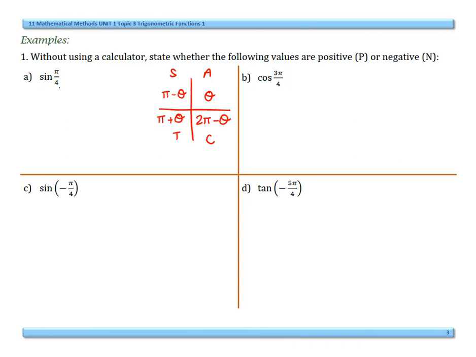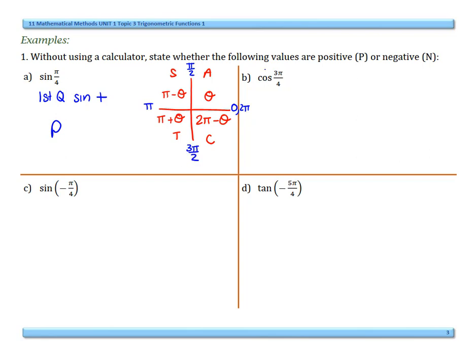So if you think of pi on 4, that is less than pi on 2. Okay, so we're in our first quadrant. We know that sine is positive in our first quadrant, so that's going to be positive. Okay, if I need to add it to this diagram, remember we have 0, 2 pi, pi on 2, pi, 3 pi on 2.